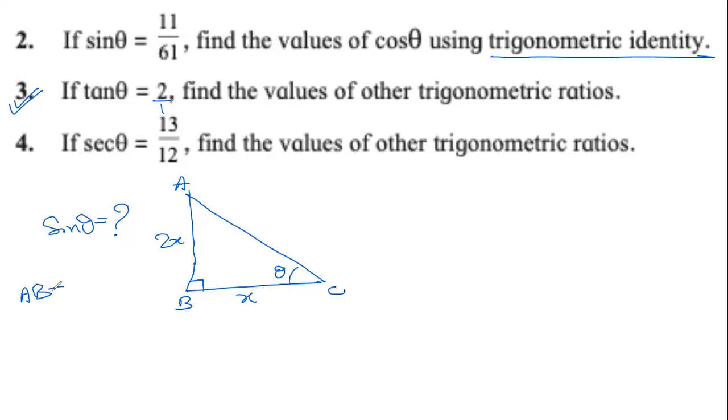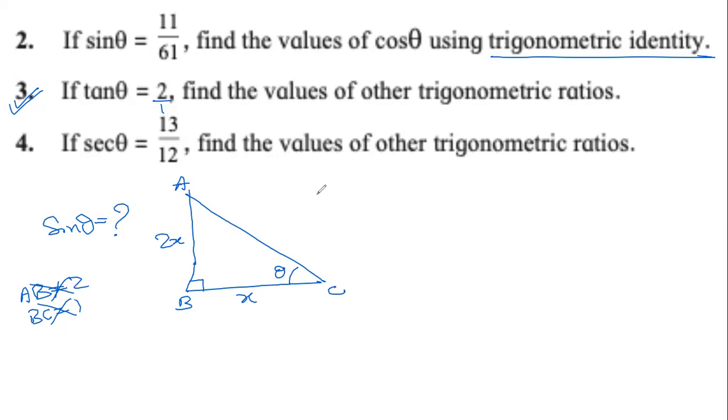This is wrong. We cannot say that BC equals 1. It is wrong. The ratio of AB and BC is 2:1. AB can be 4 and BC can be 2. AB can be 6 and BC can be 3.